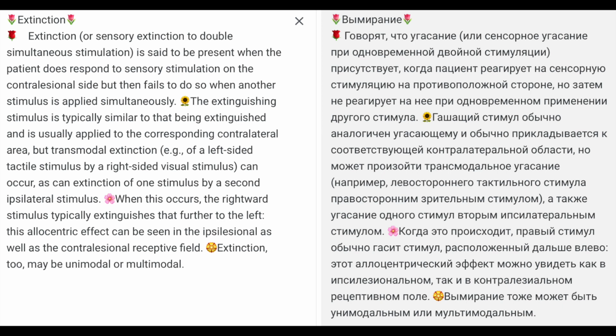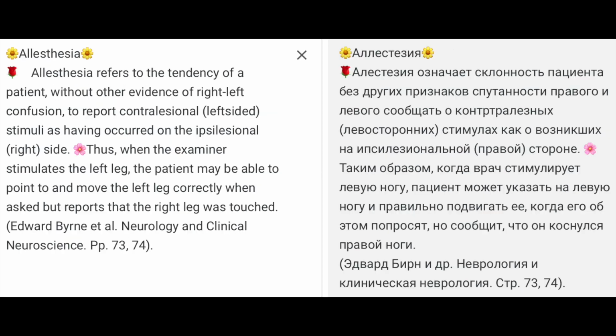When this occurs, the rightward stimulus typically extinguishes that further to the left. This allocentric effect can be seen in the ipsilesional as well as the contralesional receptive field. Extinction, too, may be unimodal or multimodal.